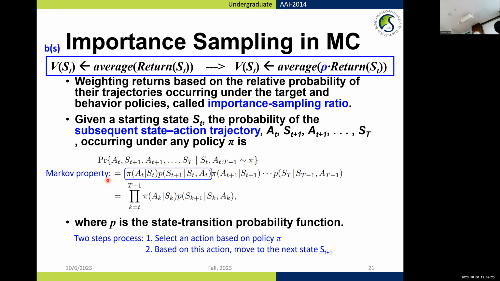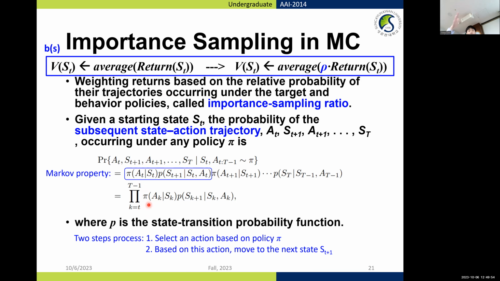Remember here we are checking this probability based on pi. Similarly, we have the behavior policy b(s), and we can generate the state-action trajectory based on b, so this one will become b instead of pi.